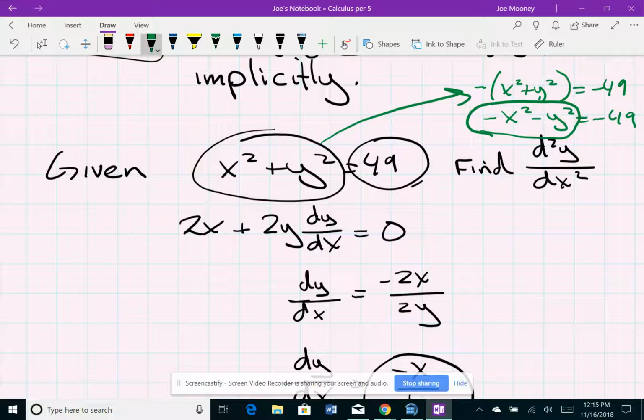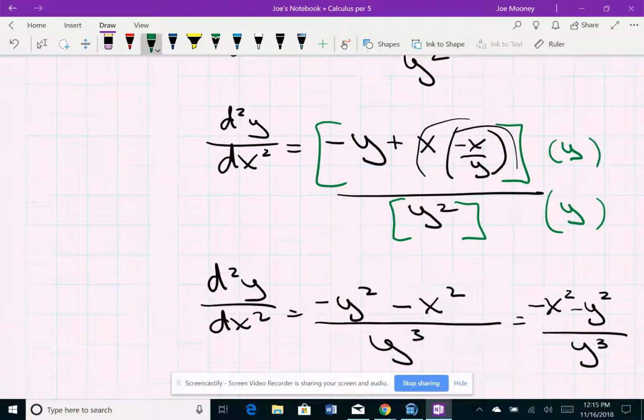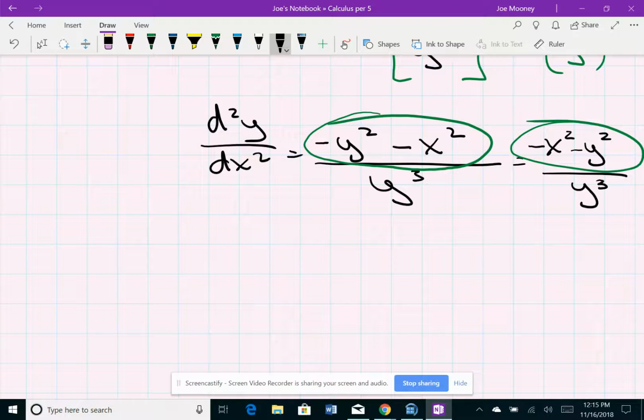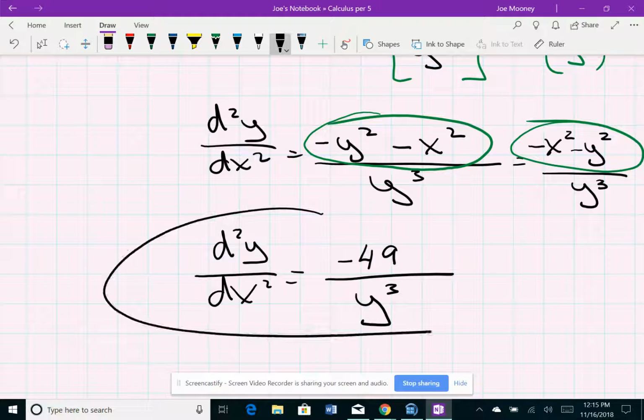Boom. Right there. I have that. So let's put that in where I'd cleaned it up. So your final answer: what did I say negative x squared minus y squared was? Negative 49. There's your second derivative. Final answer.